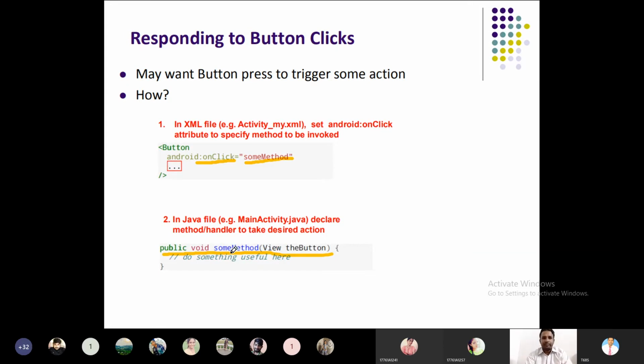The method name is your wish, but it should return void, it should be public, and it has to accept a view object. What is view? View is a class, and all the views, button, text view, edit text, are all subclasses of the view class. So we have to write the method by using this declaration.